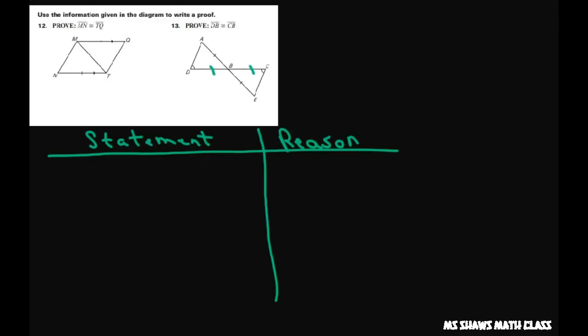And we already have one tick mark, so I'll put 2 here. All right, so let's write the given. We know that for the given, AB is congruent to line BE. So that's given.